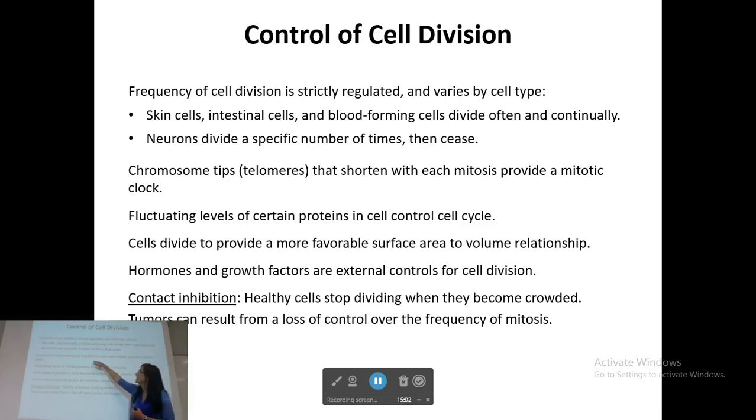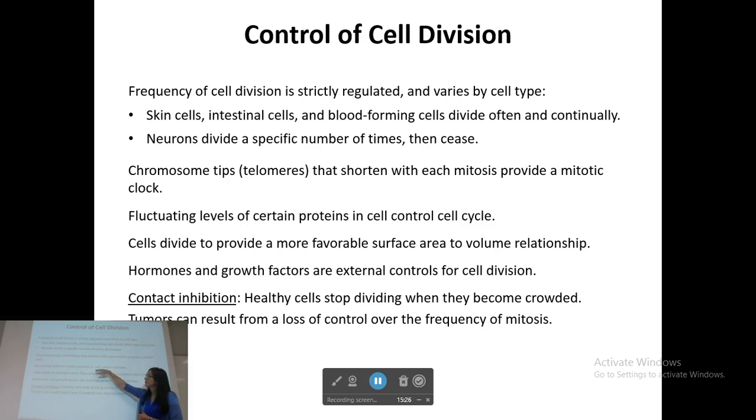So that's the telomere. That's what causes aging. The telomere theory of aging is that those telomeres, the little segment on the tip of the chromosome, when they get to a certain shortness, they no longer divide. And so those cells are just going to have to age after that. They're not going to be able to reproduce themselves.